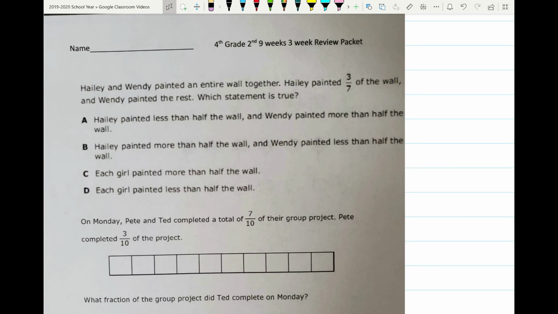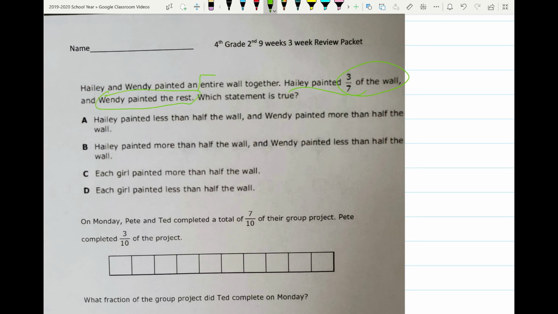Okay, next, Harley and Wendy painted an entire wall together. Harley painted 3/7 of the wall, and Wendy painted the rest. Which statement is true? All right, let's see. My strategies: Harley painted 3/7 of the wall, and Wendy painted the rest of the wall.